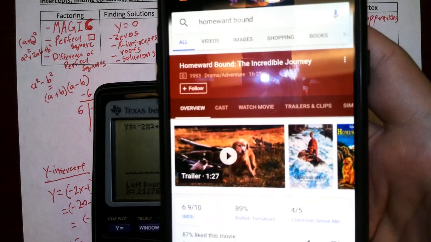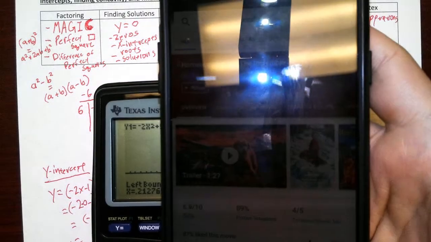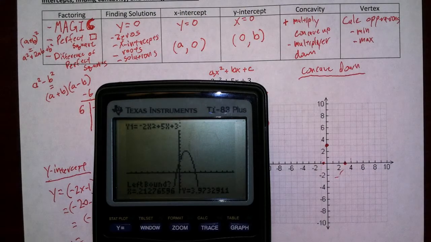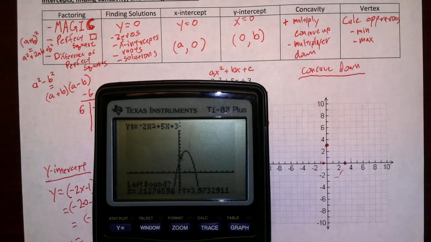Homeward Bound, the incredible journey, and they're making their way home the entire time. Incredibly heart-wrenching movie, I must say, too. There's this part where, oh, poor Shadow. Shadow just, I'm not going to spoil the movie. Just go watch it.